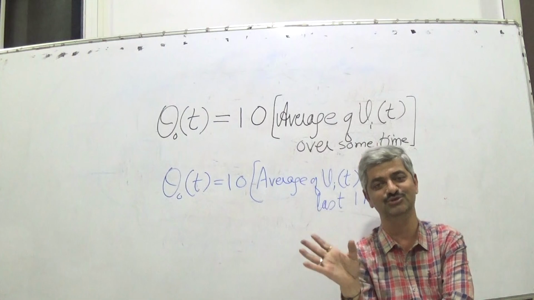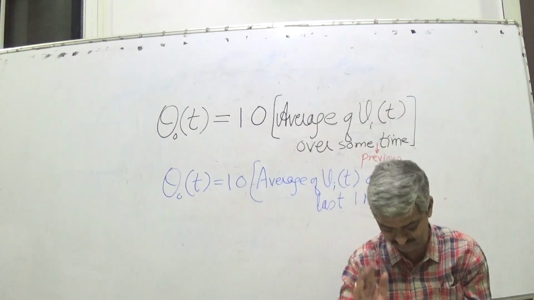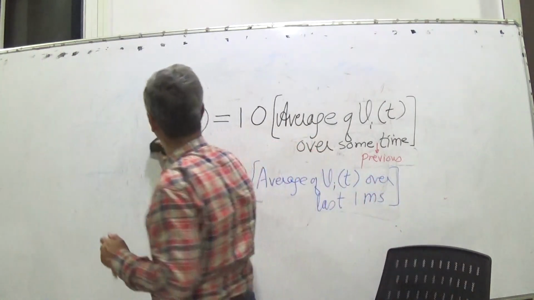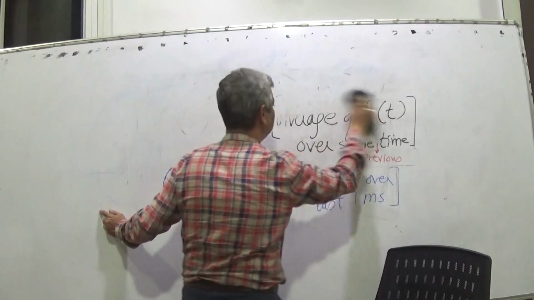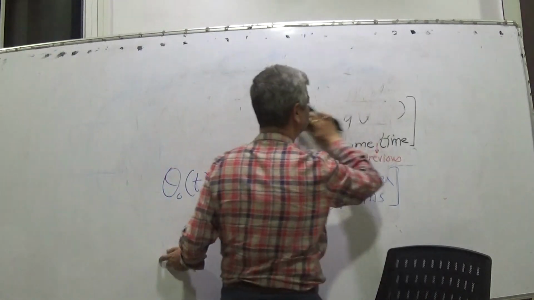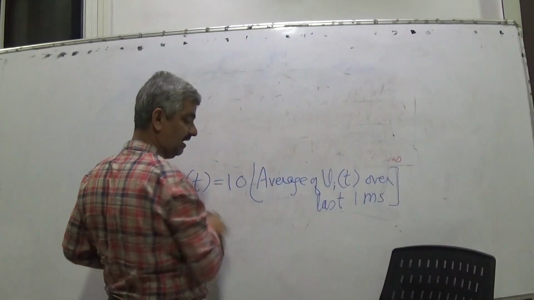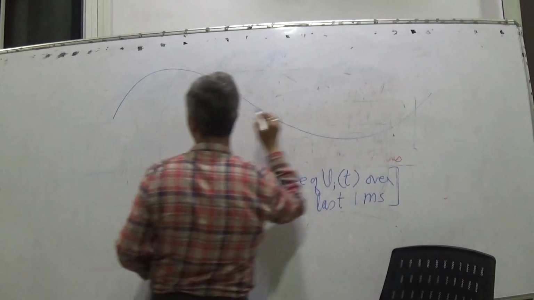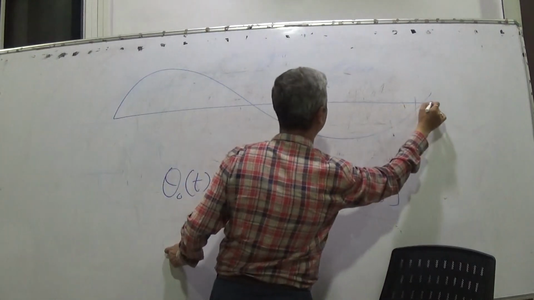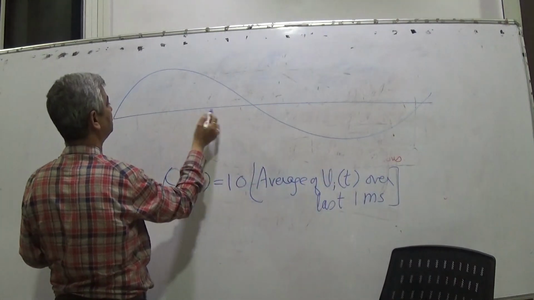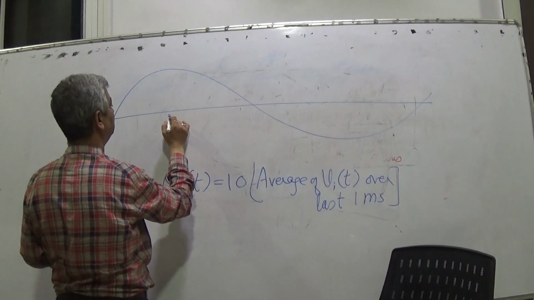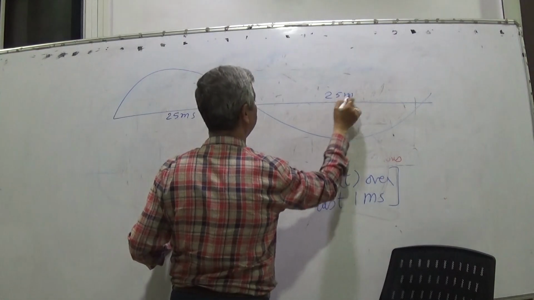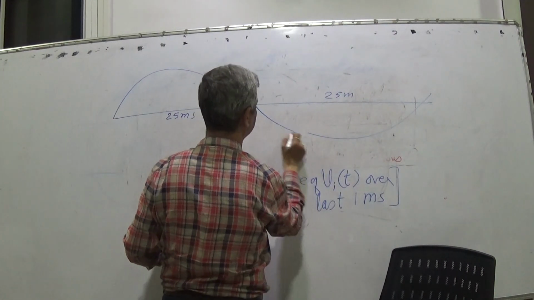You can plot any input signal. I will try my level best to show you what will happen. We can take a sinusoid. If I have a sinusoid which is changing slowly, this is approximately 25 milliseconds, this is 25 milliseconds, 50 milliseconds is the period. So a 20 Hertz signal.